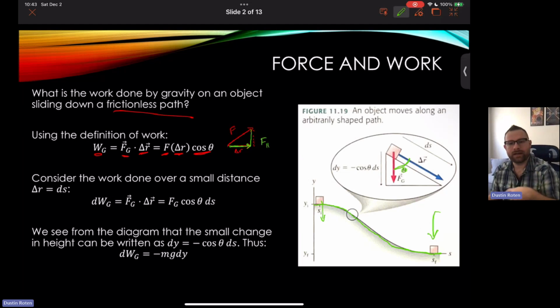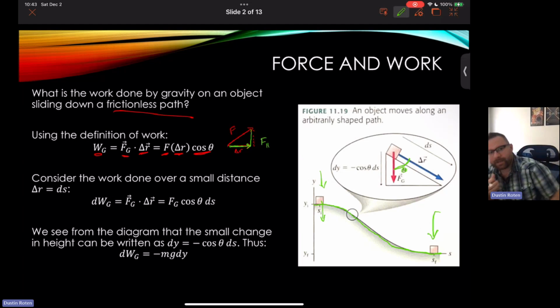No, sorry, that angle is going to be 90 degrees because we're looking at gravity down, and then the path is going to be directly to the right. Same thing at the top of the hill up here. That angle will be 90 degrees there. And then as we're traveling down this path, that angle is going to be changing depending on the path. So that's something we need to think about.